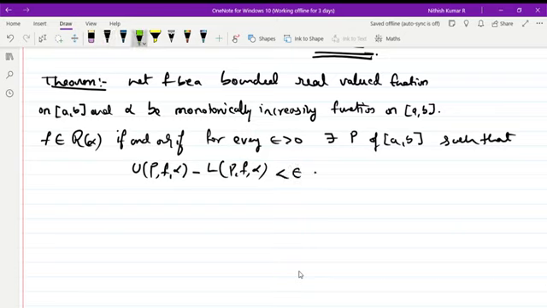This result is known as the Riemann criterion for integrability.